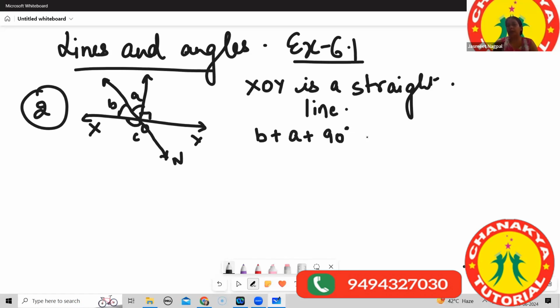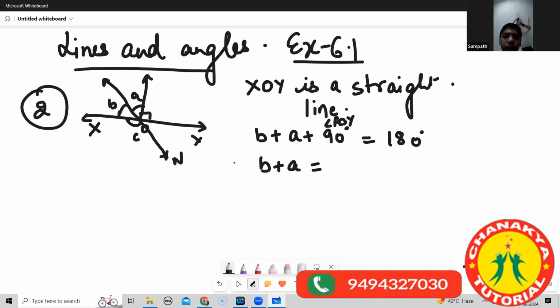Am I right? These three are equal to 180 degree because these three are on a straight line. Now, this is the value of POY. So, if you find out the b plus a value, what is the value of b plus a then? 90 degrees.